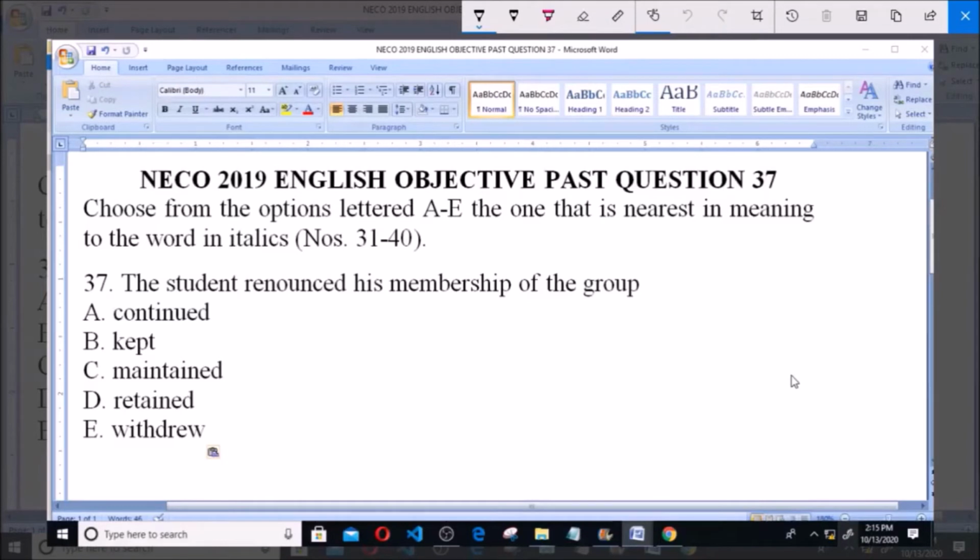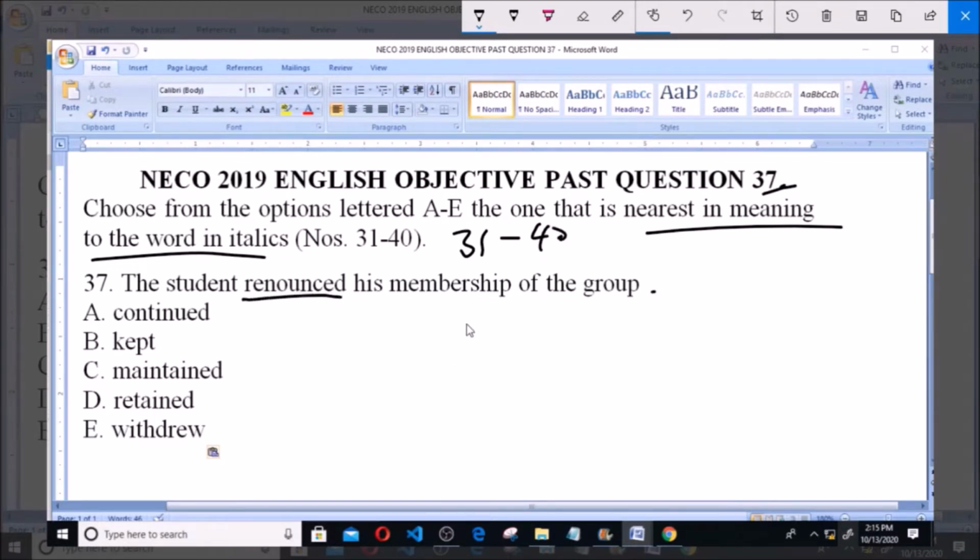Welcome. This is NECO year 2018 English objective past question number 37. And to this question, the instruction says choose from the options lettered A to E the one that is nearest in meaning to the word in italics. This instruction is to answer questions 31 to 40, and the word in italics is renounced.